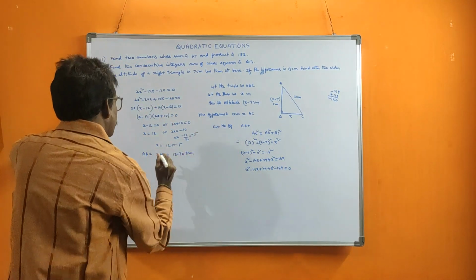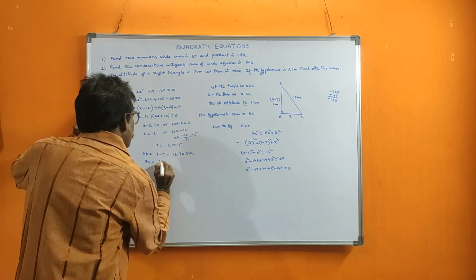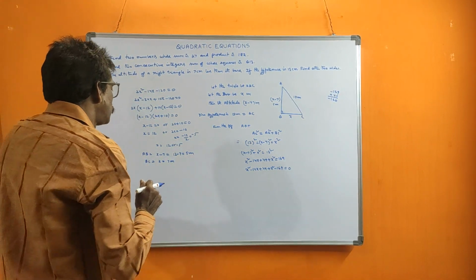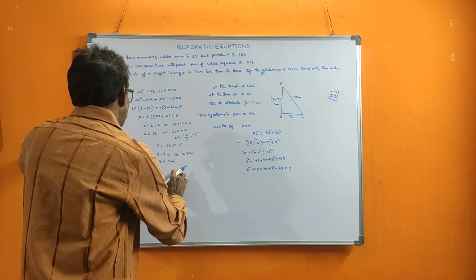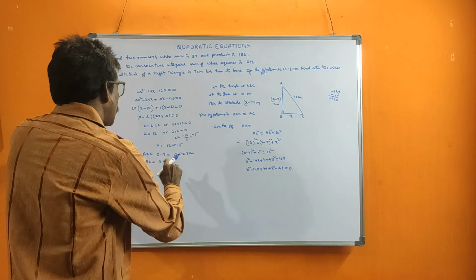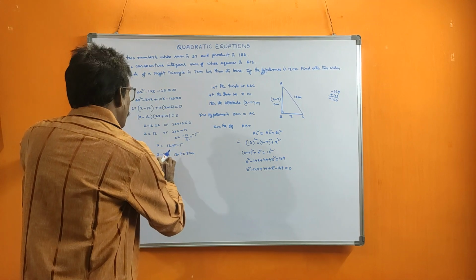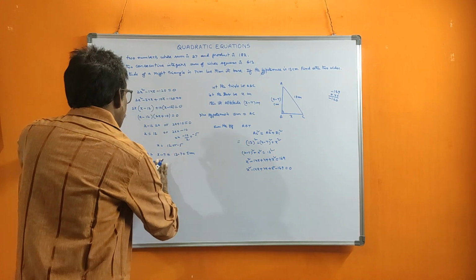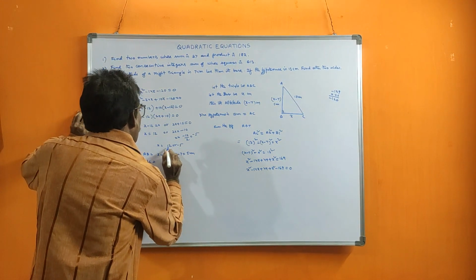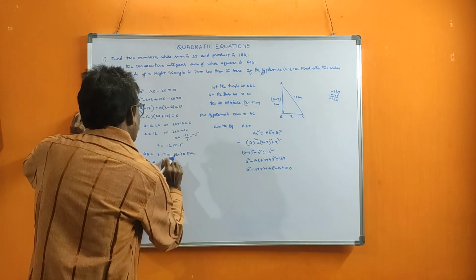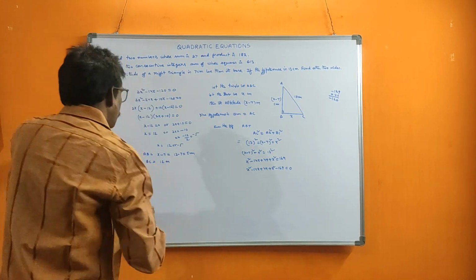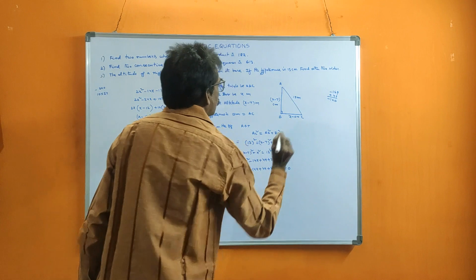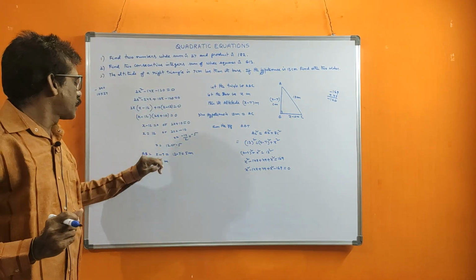Next, BC is directly equal to x. X is 12, so BC is 12 cm. I wrote the x value here.